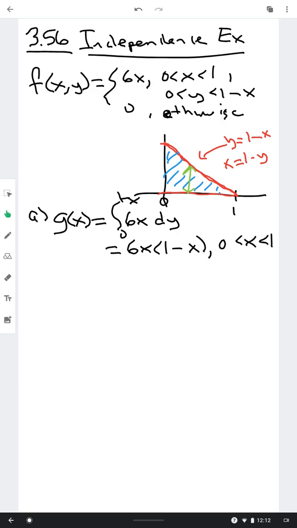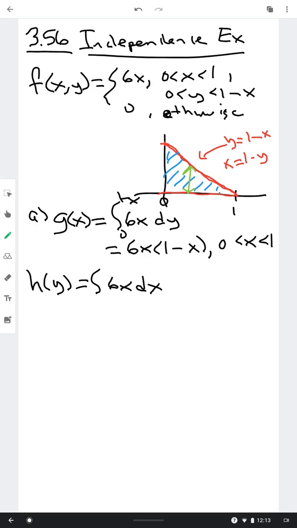Now let's do h of y. To do h of y, I'm integrating over all of my x values. Now I need to find my limits of integration for x. Some of you are saying the limits of integration for x should be from 0 to 1.